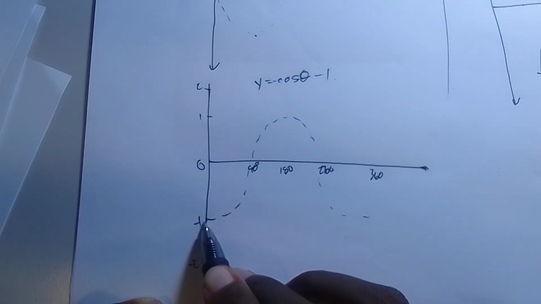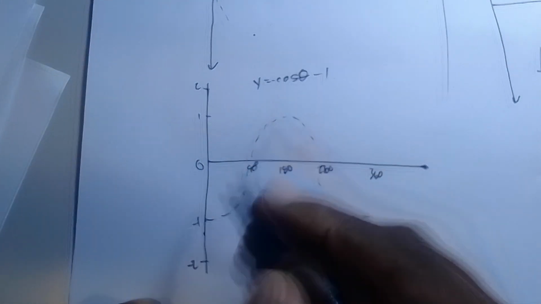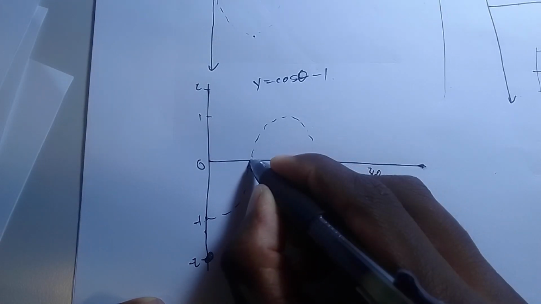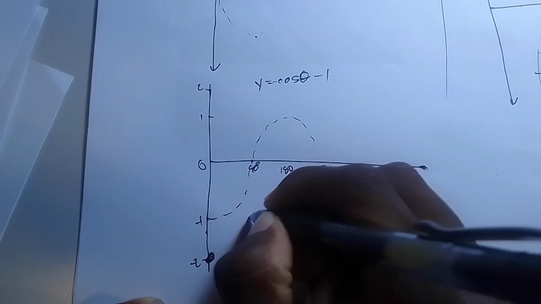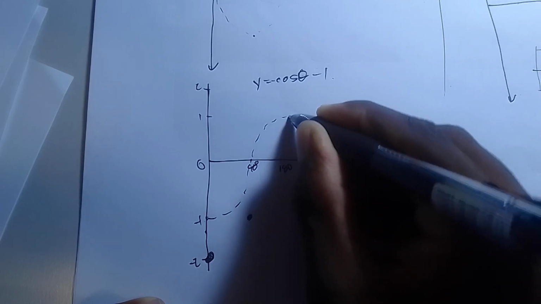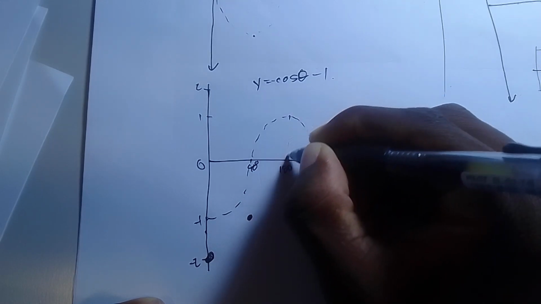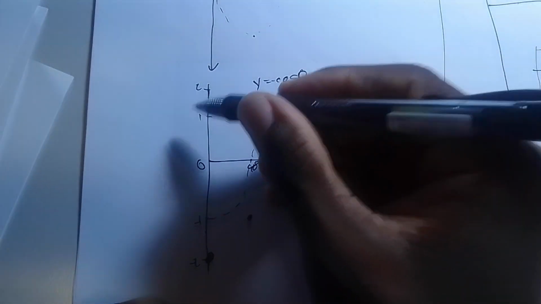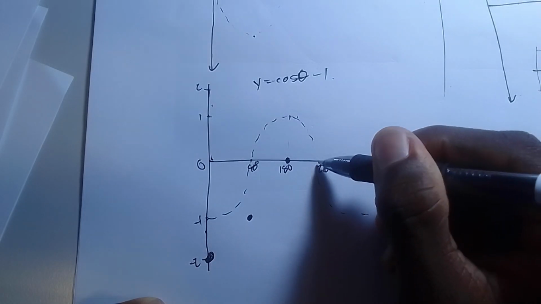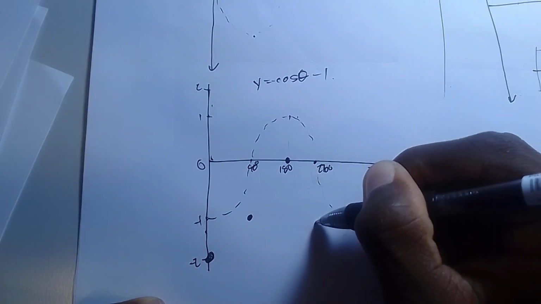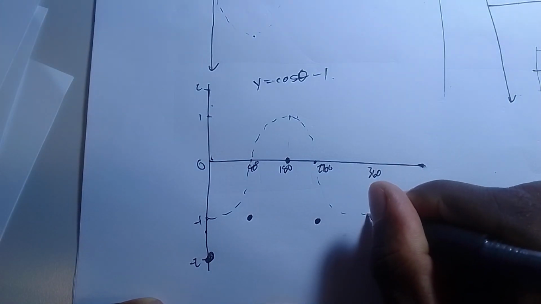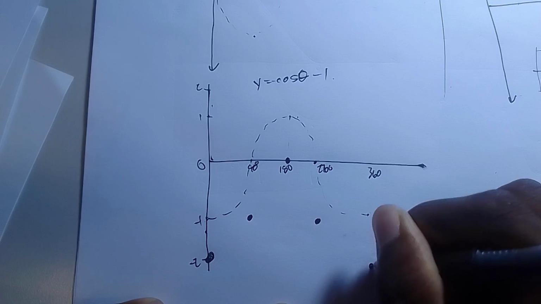If you subtract 1 from this graph, from cos theta, this will shift down 1 unit to here, because we're moving 1 unit down. 1 unit down from there to there. We're moving from there 1 unit down to minus 1. From here to minus 2, 1 unit down.